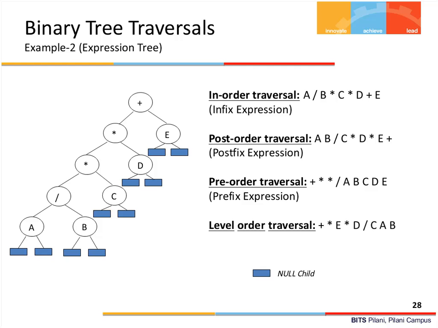In this kind of arithmetic expression binary tree, A, B, C, D, E are operands, and plus, minus, multiplication, division are operators. The property of these expression trees is that all the leaves are operands, and all internal nodes are operators.